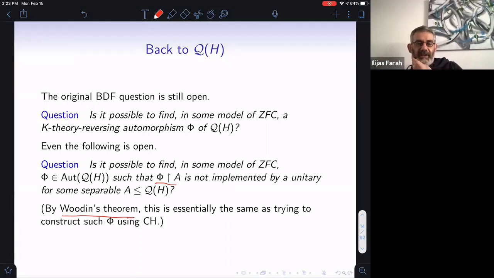Now, I mentioned Rudin's Sigma^1_2 absoluteness theorem. Essentially, what that theorem implies is that if you're trying to give a positive answer to either of these two questions, you might as well assume the continuum hypothesis. It's not literally saying that if there is a positive answer in some model of ZFC, then a positive answer holds in a model of the continuum hypothesis, but basically it says so.